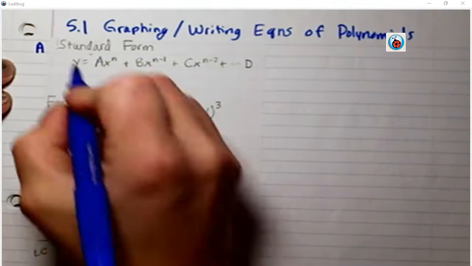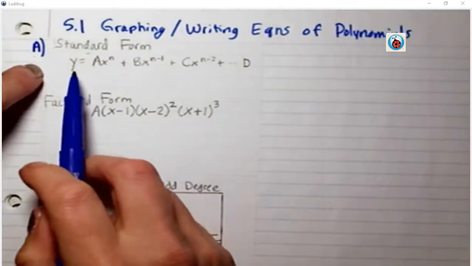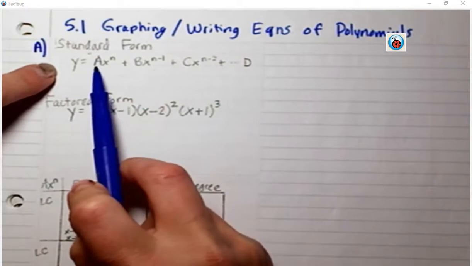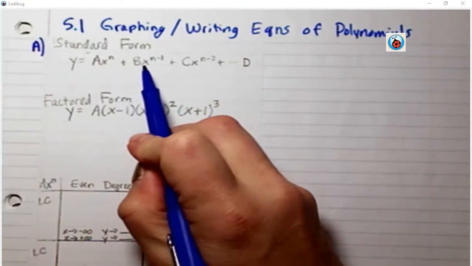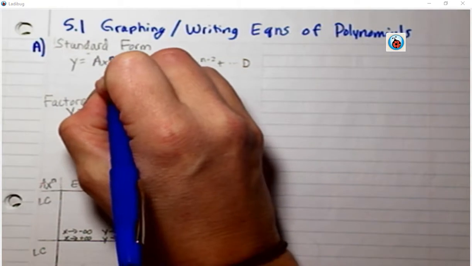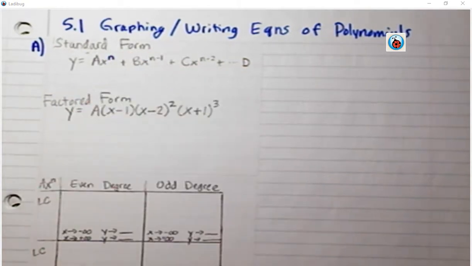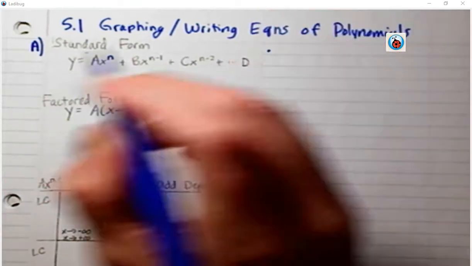Here we go. First, we're going to look at standard form. I've written it down for you here. Notice it kind of looks like the quadratic format, ax squared plus bx plus c, except that this is just an n. That's because the degree is more than 2, or we will include ones that have degrees of more than 2. So how do you know you have a polynomial?